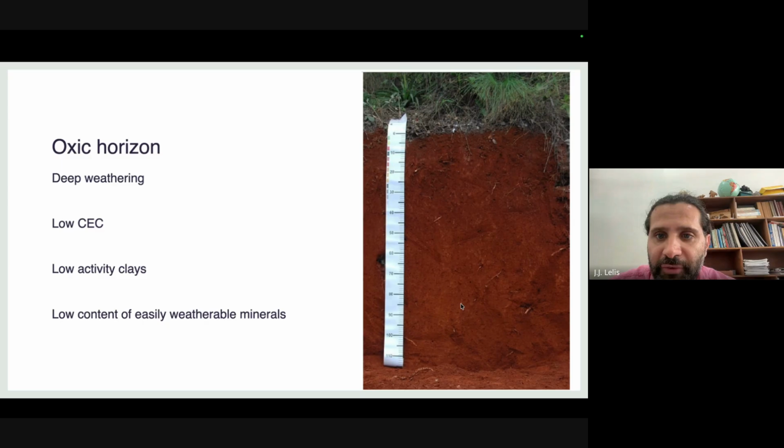So when you have the weathering of amphiboles, of pyroxene, of olivine, what will you form? Goethite, hematite, and they will provide dark reddish or dark yellowish colors in these B horizons.